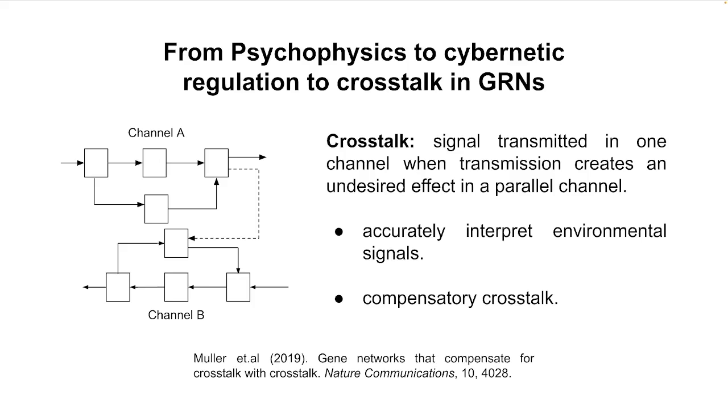Sometimes crosstalk can help agents accurately interpret environmental signals. And sometimes you can have compensatory crosstalk where channel A can assist channel B and vice versa in detecting patterns, or if this is a scenario where we have two pathways in a connectome, they give each other information.